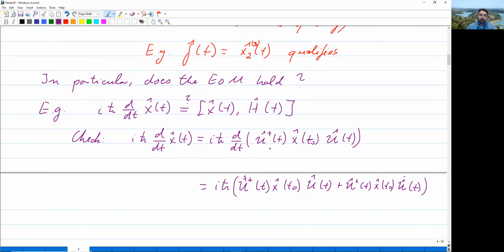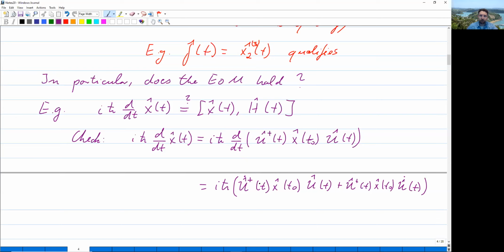If you're uncomfortable applying the product rule to operators that depend on time, well, just insert resolutions of the identity, end up with matrices, and then products of matrix elements, which are just number-valued functions. And then you can use the fact that the product rule applies to number-valued functions.